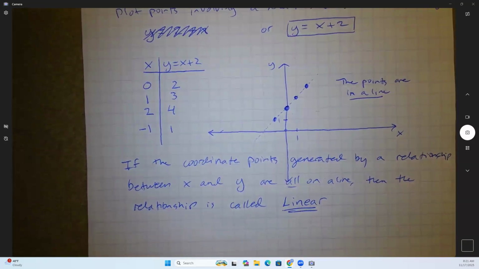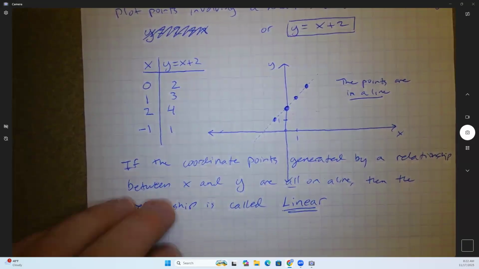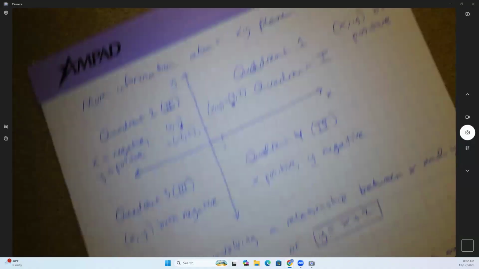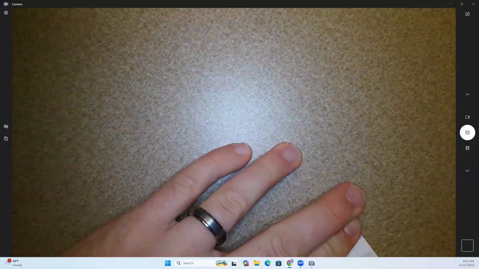We say we have a linear relationship between X and Y. And a lot of math ends up being something linear or close to linear.